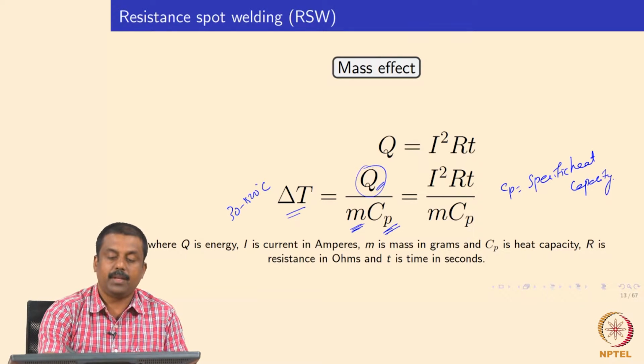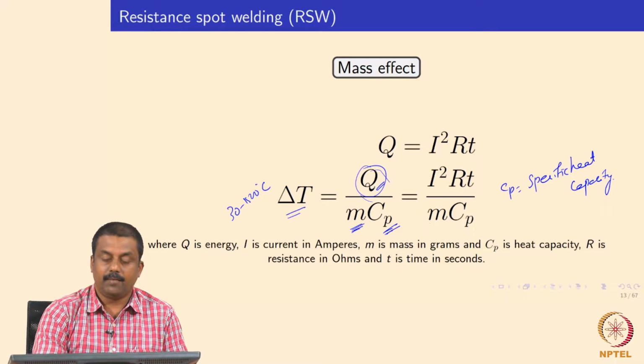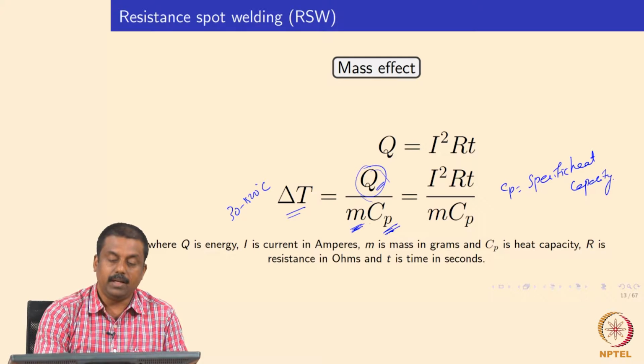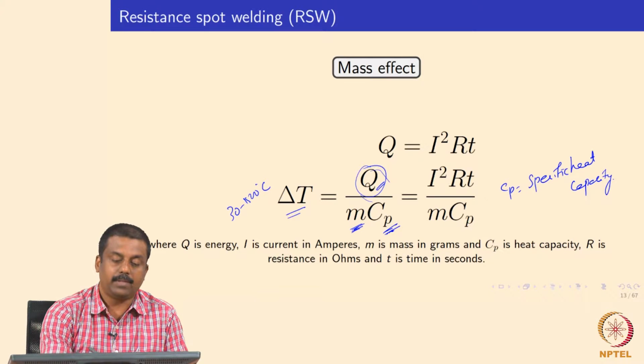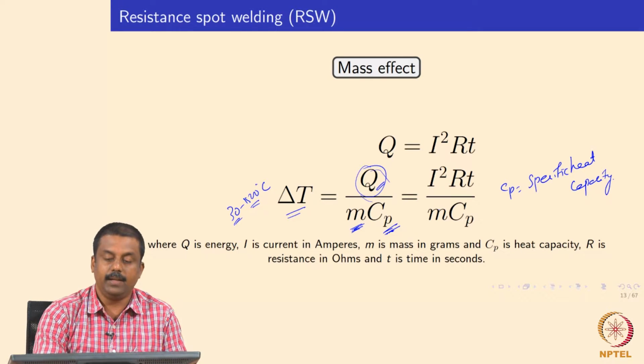You always underestimate here because of some specific issues with this equation, but that will give you the minimum Q needed to raise the temperature from, say, 30 to 1500 degrees centigrade. And Q, you already know, comes from I squared R T, where T is your welding time during which you pass a current of I, and R is nothing but the summation of all the resistances.